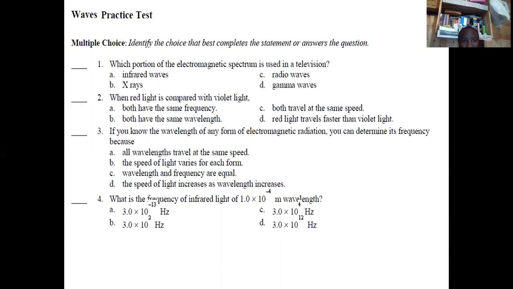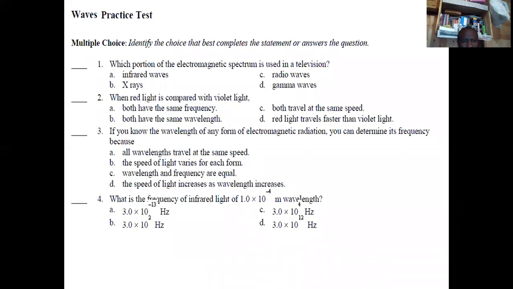Gamma, followed by X-rays, followed by UV, followed by visible light, followed by infrared, followed by microwave, followed by radio waves. That's the electromagnetic spectrum. So these are things I believe you encountered in high school.